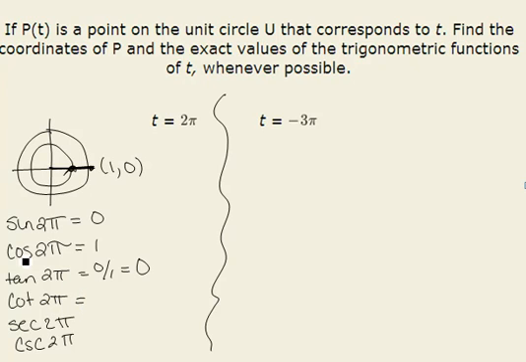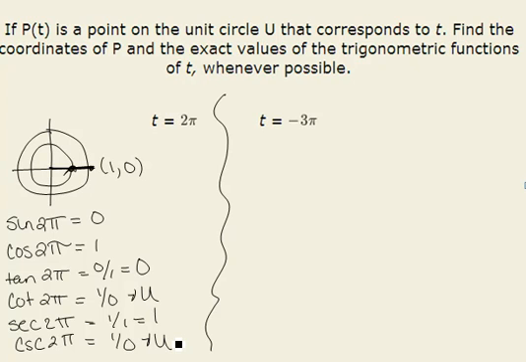Cotangent is equivalent to cosine over sine, or 1 over 0, which is undefined. Secant is 1 over the cosine, or 1 over 1, which gives us 1. And finally, cosecant, which is the reciprocal of sine, gives us 1 over 0, which is undefined.